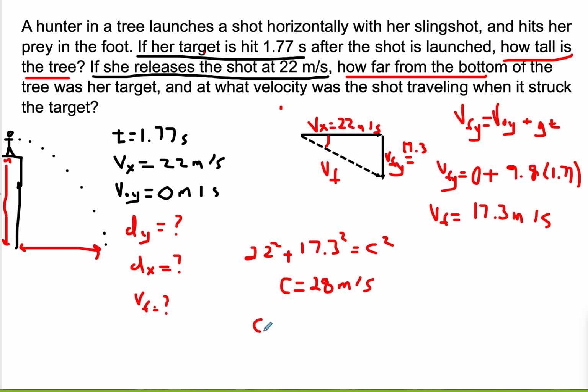And then the angle, we've always been using tangent, so we'll just do it. But you guys could use whatever you're comfortable with. So the inverse tan of the opposite side, which is 17.3, divided by the adjacent side, which is 22. That's going to give us an angle of 38.1.